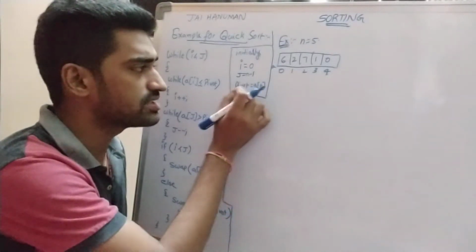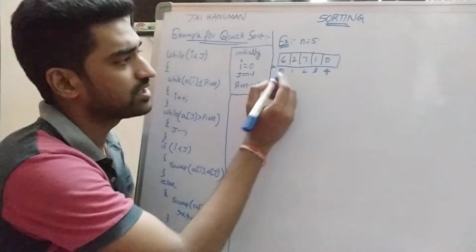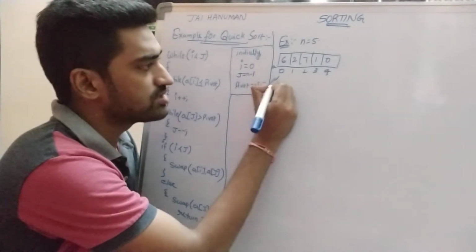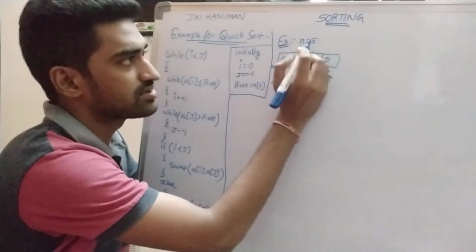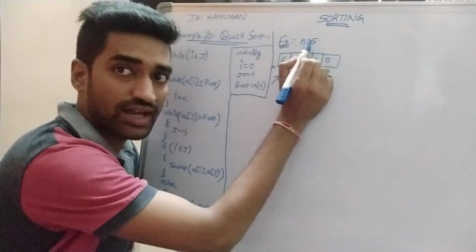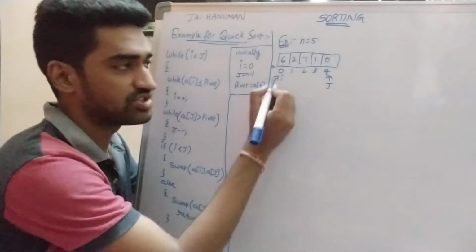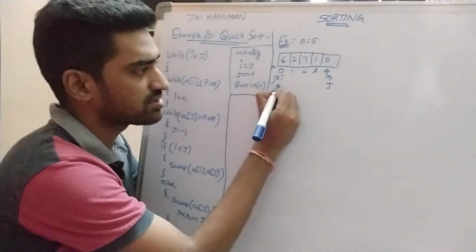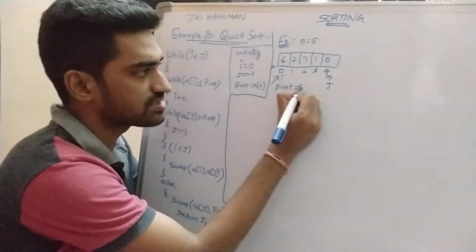Here initially I am taking the pivot position as A of 0. I value is 0. J value is n minus 1, so 5 minus 1, which is equal to 4. So that is the j position. Pivot is equal to A of 0, which is nothing but 6, right?